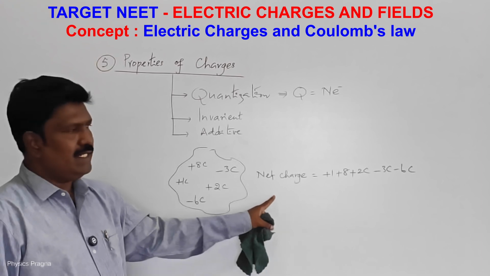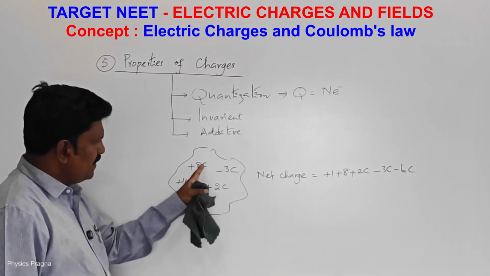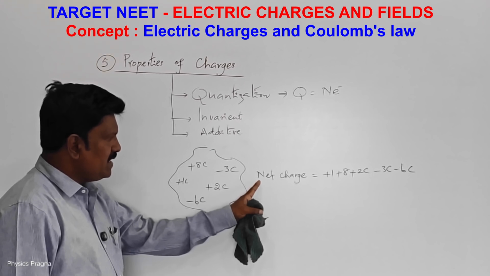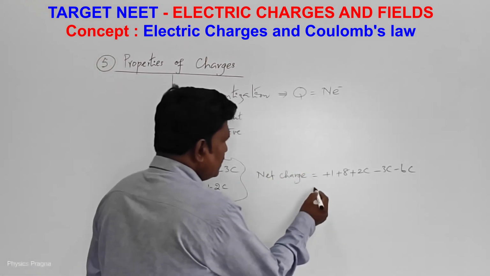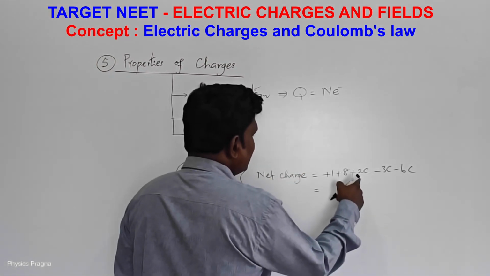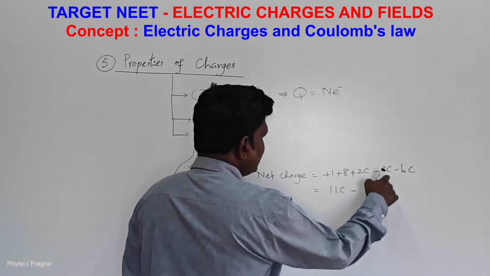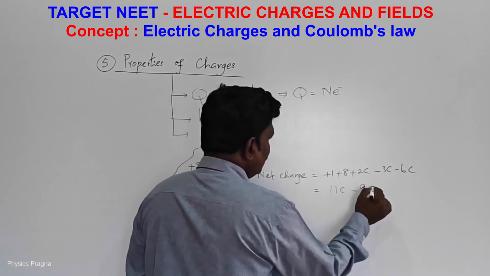So charge is additive. 8 plus 1 is 9, 9 plus 2 is 11 coulomb, minus 6 minus 3 is minus 9 coulomb.